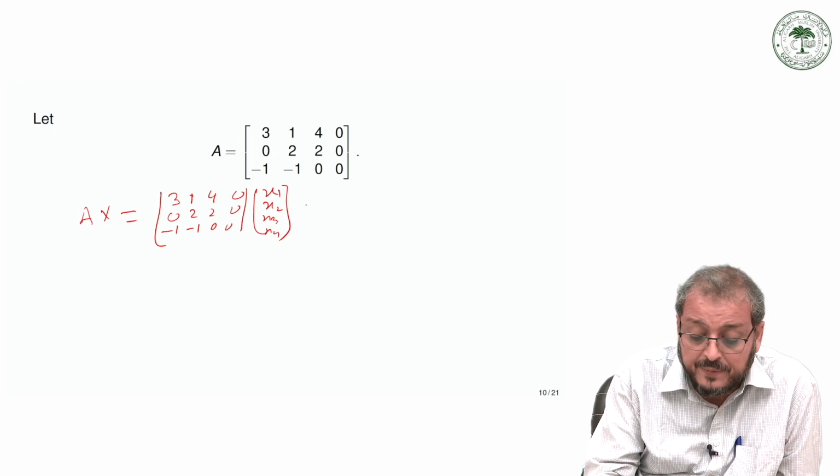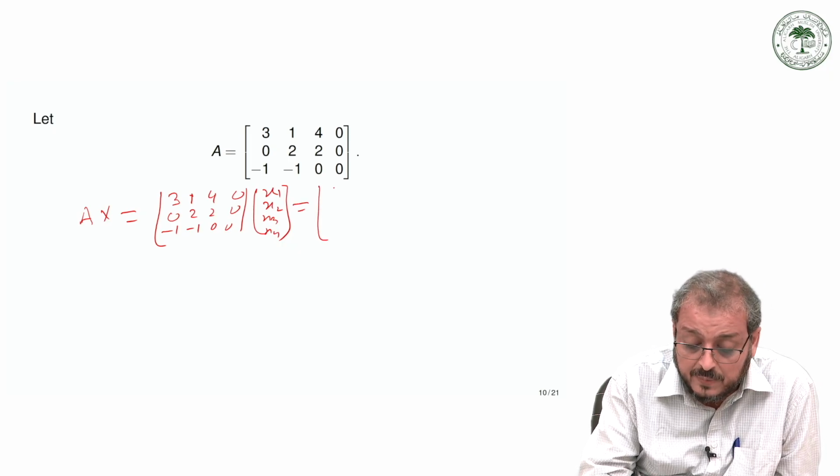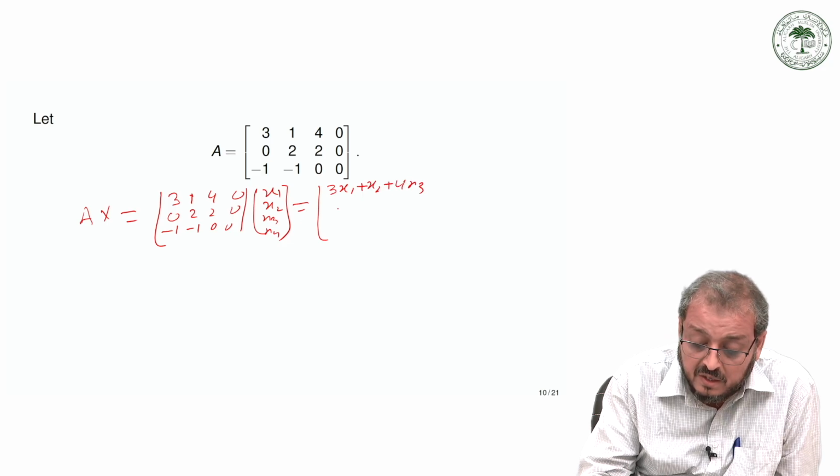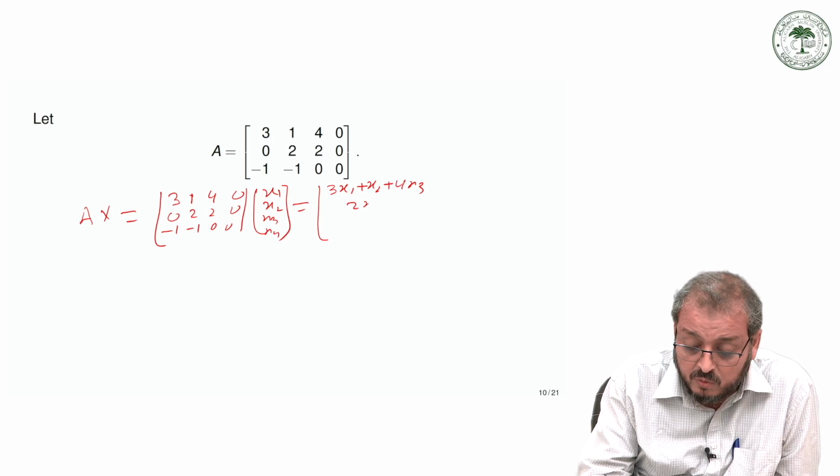This is equal to 3x1 plus x2 plus 4x3, then 2 times x2 plus 2 times x3, then minus x1 minus x2.